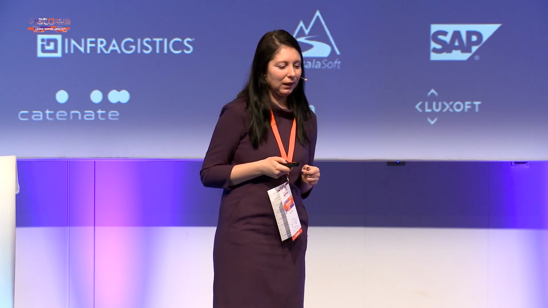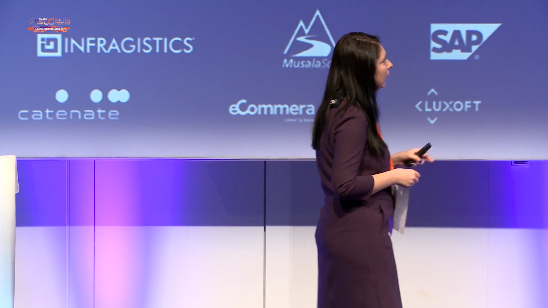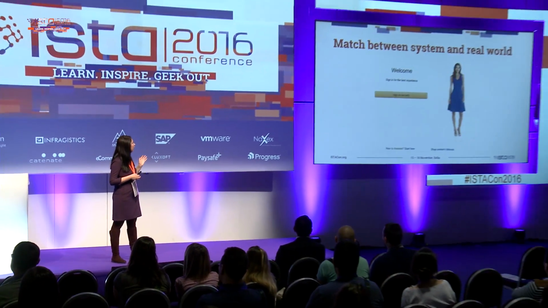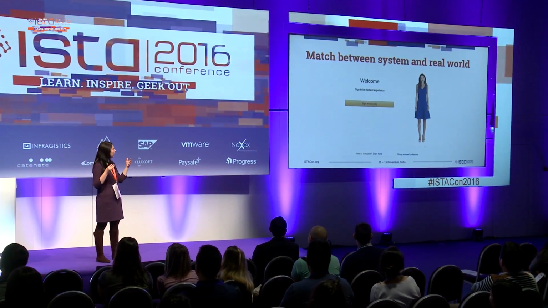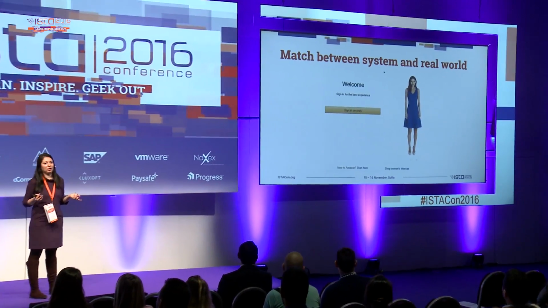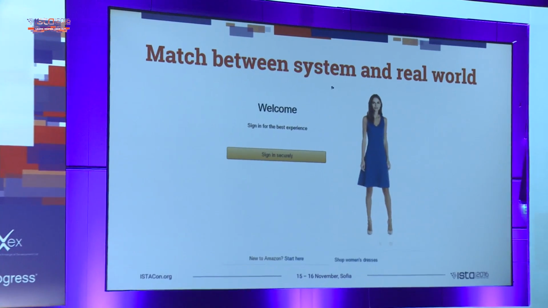Let's continue with the next one. What we have here, by the way, is Amazon. I walked in there two weeks ago for buying some technical stuff, and what I'm seeing in the right corner is a woman moving in a beautiful dress. I needed just two seconds to realize that that's a dress shop.